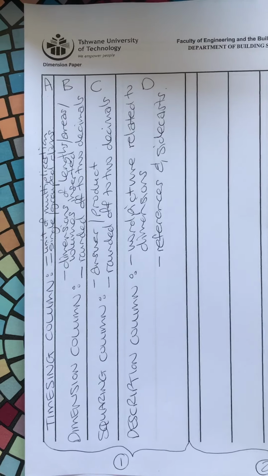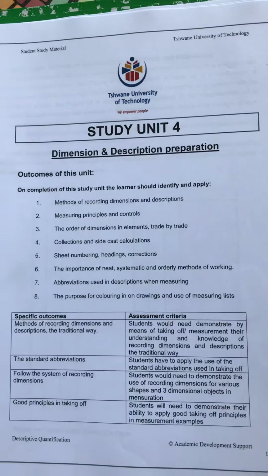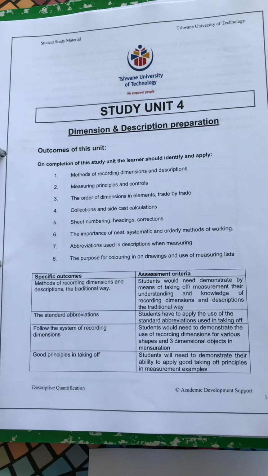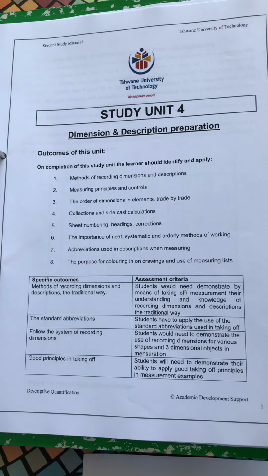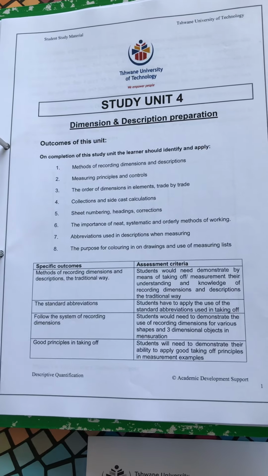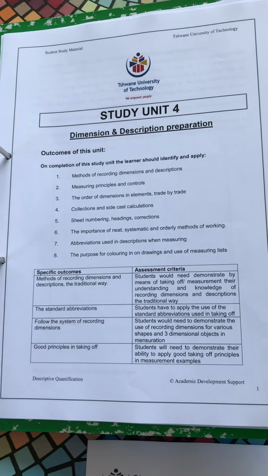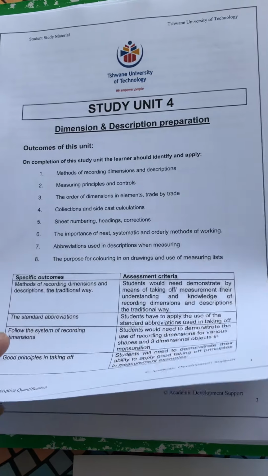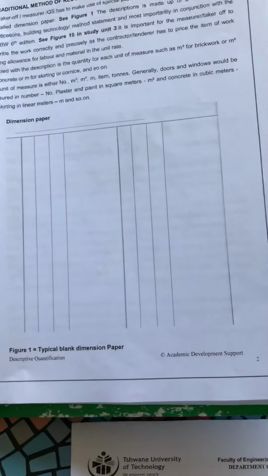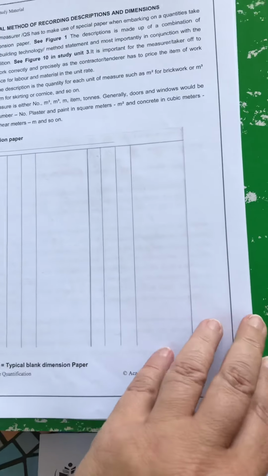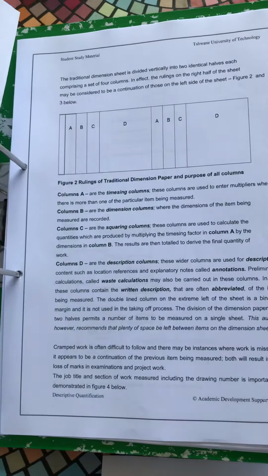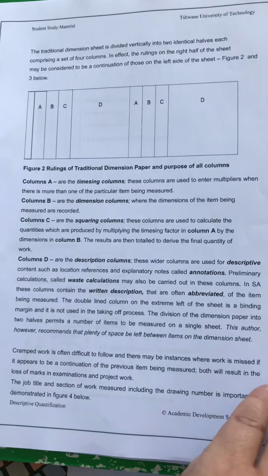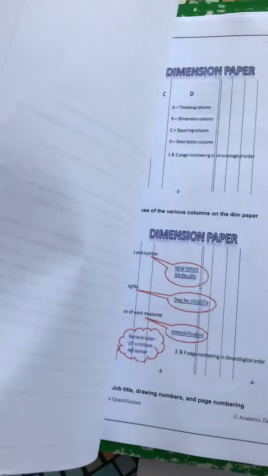Okay, so today we are going to look at study unit 4. I hope you have all watched the videos that I asked you to watch on my tutor. Okay, so all of these are important. And it talks about the traditional dimension paper and also explains the columns.